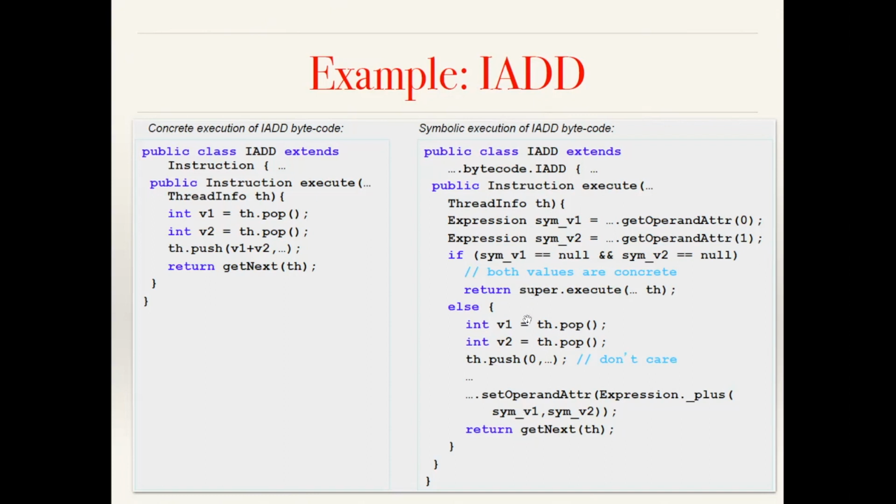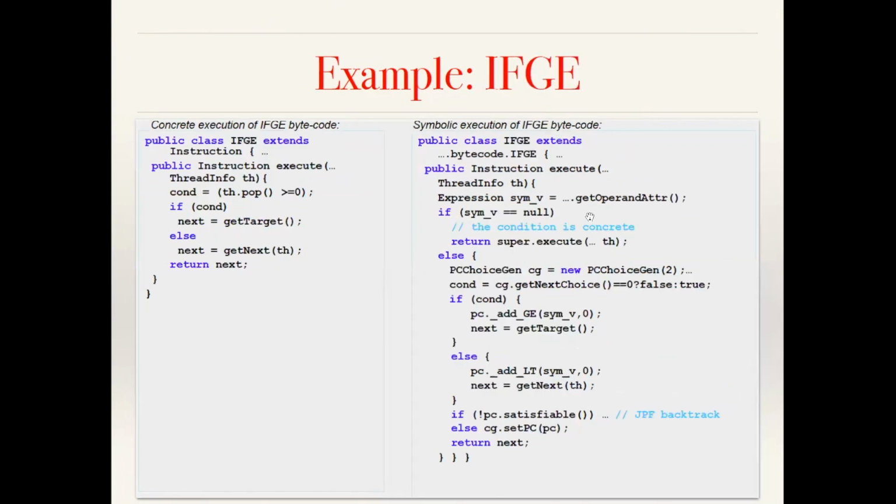So we also have that mode. In reality, if you take a look at these bytecodes, the implementation is more complicated than just this. Now again, this is a high level, conceptual description of how a conditional is performed in symbolic execution.